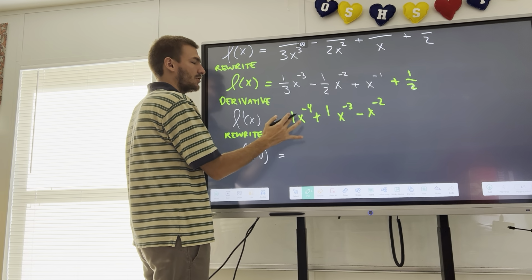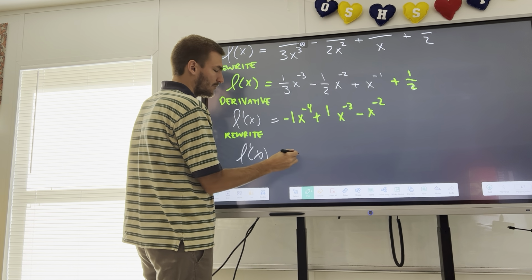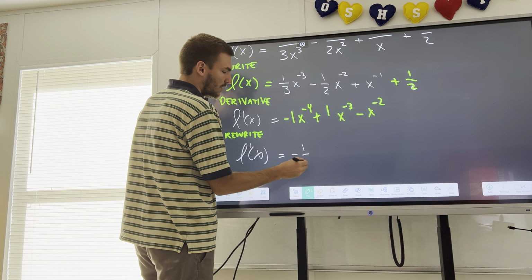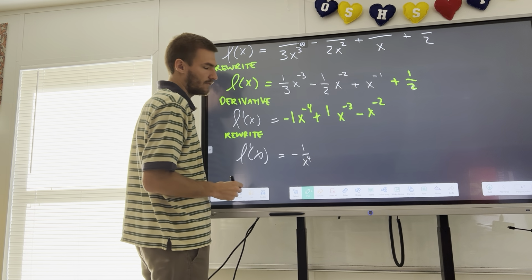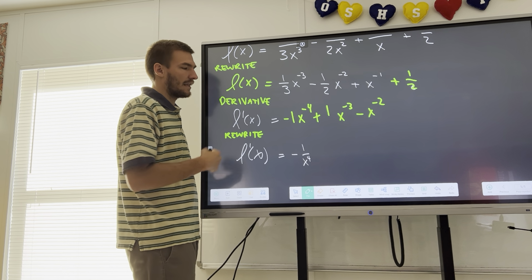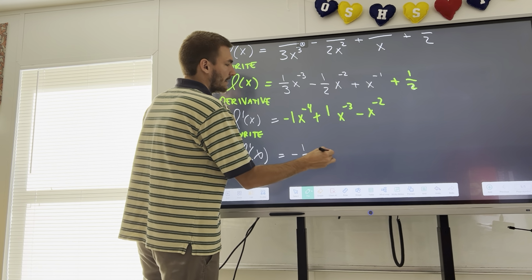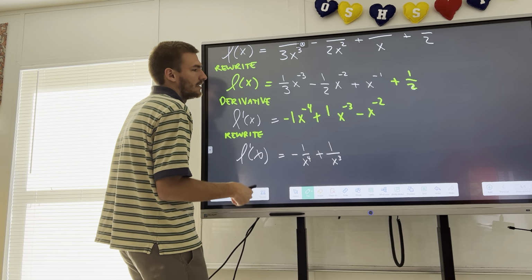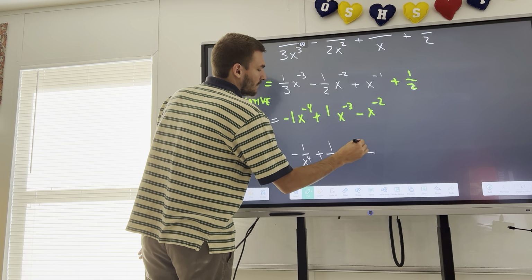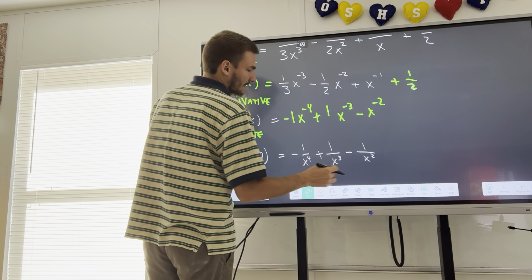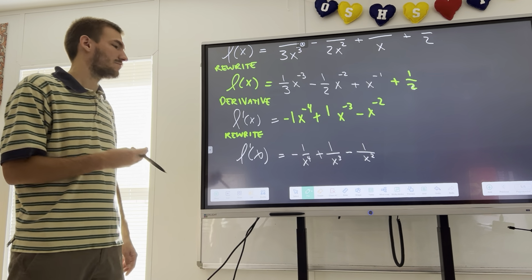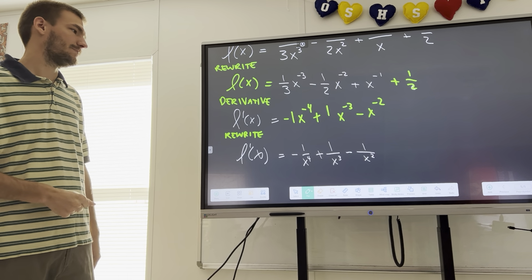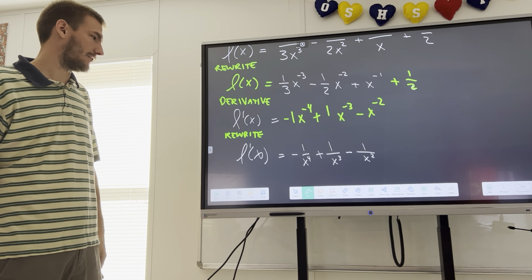This first term, if we rewrite it and we make it beautiful, is gonna be negative 1 over x to the 4. And the next term is gonna be 1 over x cubed. The next term is gonna be negative 1 over x squared. A nice little pattern there. Chef's kiss. And that 1/2, then convert.